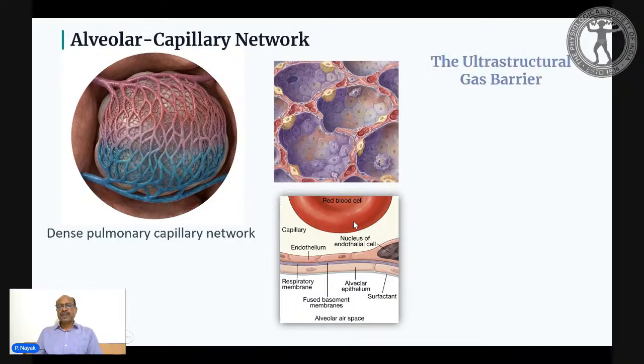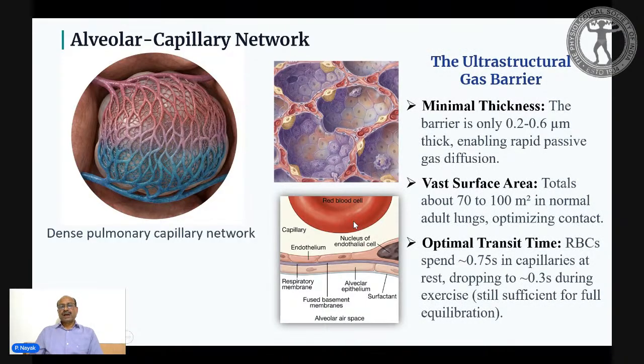Hemoglobin is here. So this is an ultrastructural gas barrier, easily exchanging oxygen and carbon dioxide, with the peculiarities of minimal thickness. The barrier is only 0.2 to 0.6 micron, as I have mentioned already, enabling rapid passive gas diffusion.